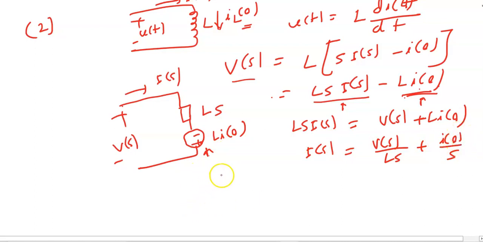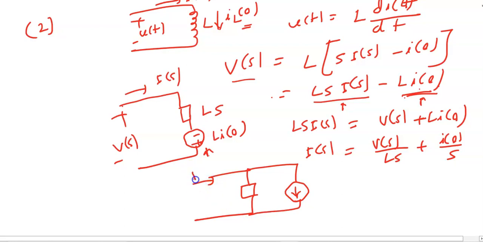So you can simply write this is your I(S), plus minus V of S, this is your LS, and this is your I0 upon S. You can easily find this from the circuit by using Norton's theorem, and from the earlier one you get it by Thevenin.